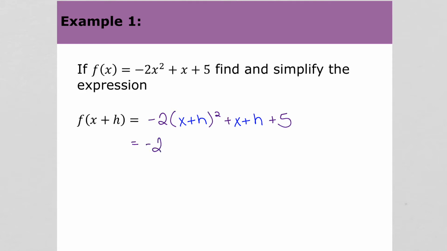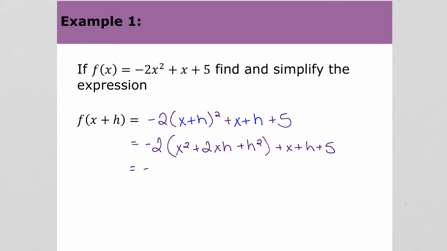And then simplify. So x plus h squared is x plus h times x plus h. We'll get x squared plus 2xh plus h squared, and then plus x plus h plus 5.